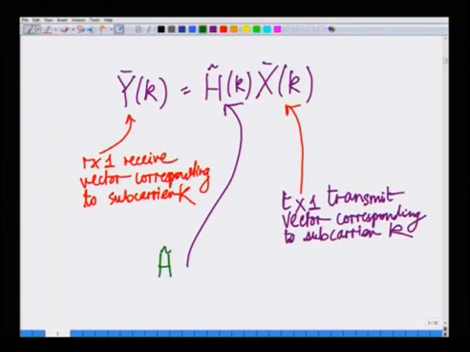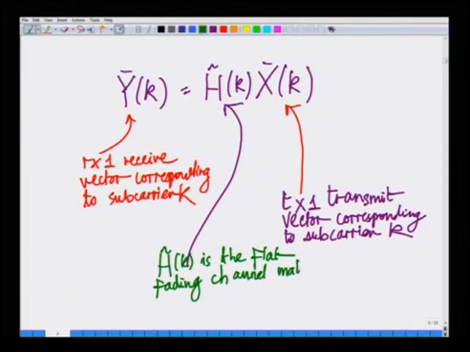So, h tilde k is the flat fading channel matrix corresponding to subcarrier k.